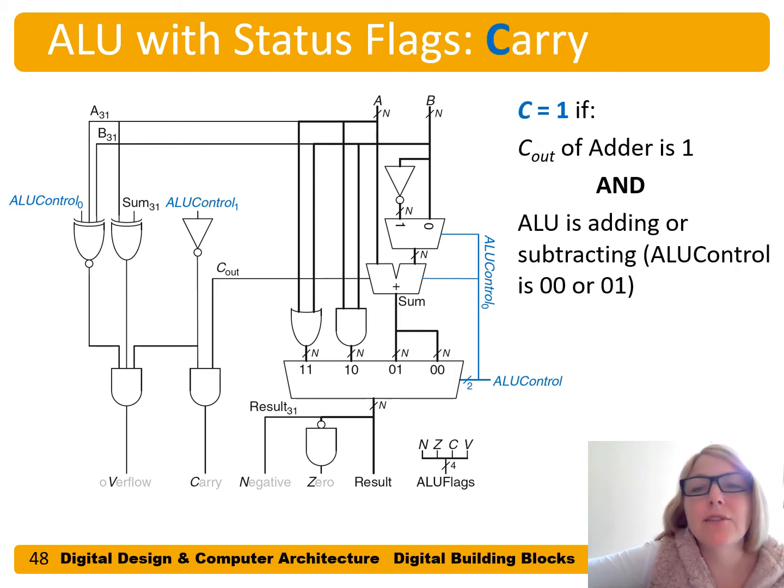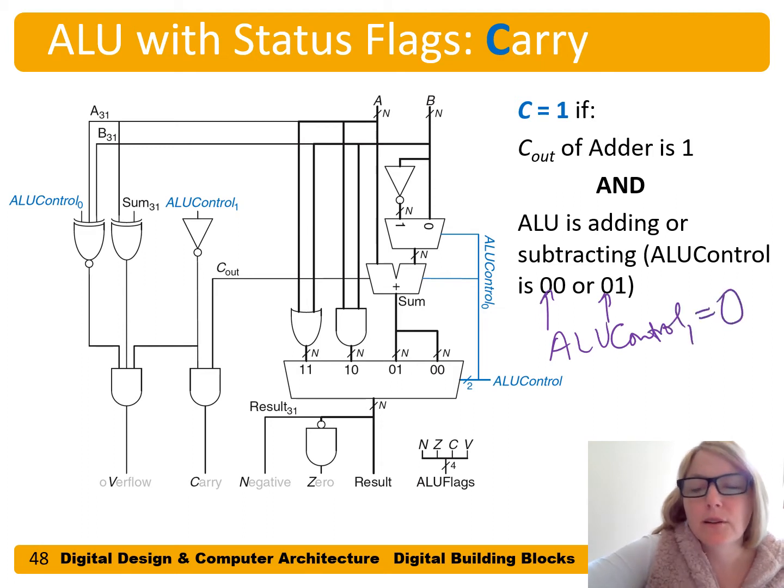Okay, so the next status flag is the carry flag. We want to know if carry out is a 1, if it's performing addition or subtraction. So how do we tell if it's addition or subtraction? Well, remember from our table here, ALU control bit 1 is equal to a 0 when the ALU is performing addition or subtraction.